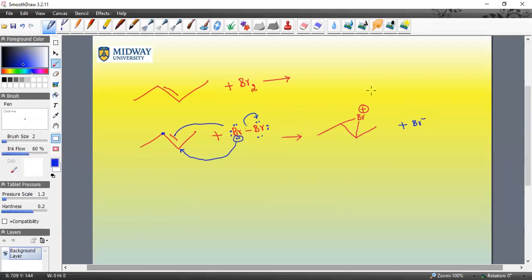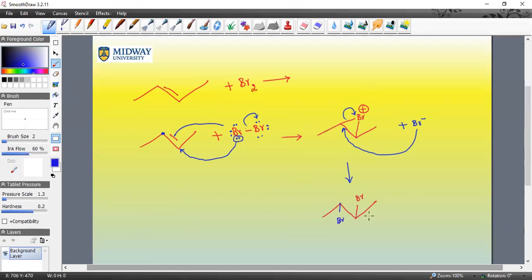Now the Br minus attacks this side and this moves in. Again, like I said, a bond is equal to one negative charge. So a negative charge and a positive charge cancel out, which leaves us with this. This is the first Br that was originally there. And I'm going to write this Br in a different color.